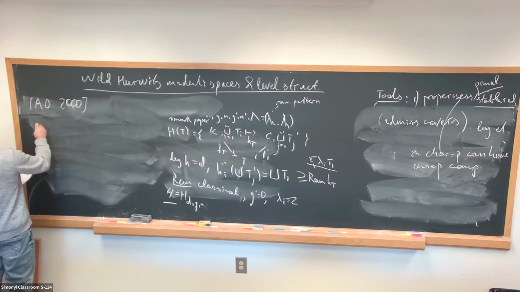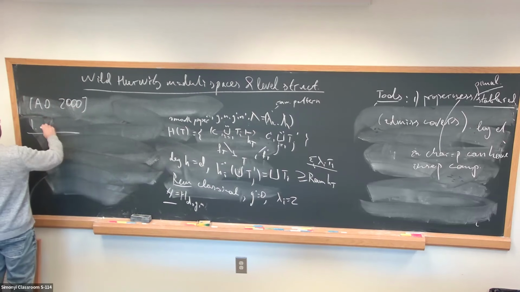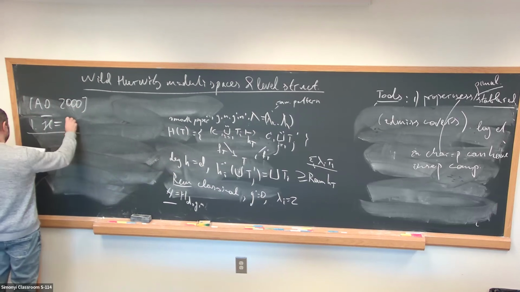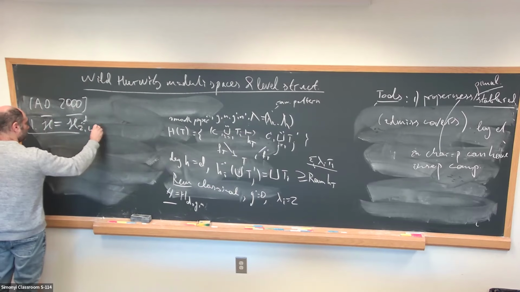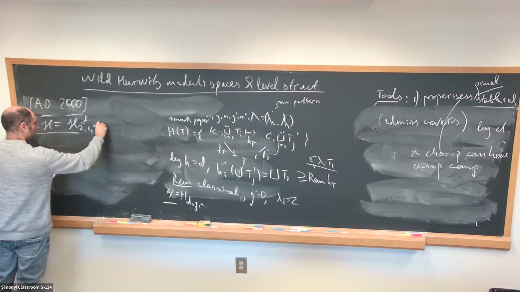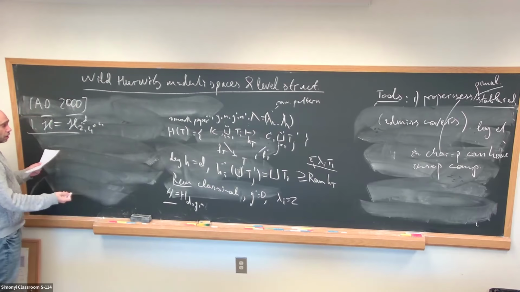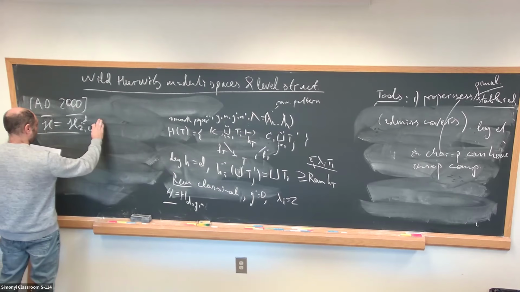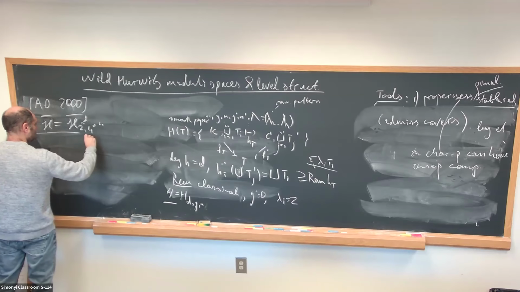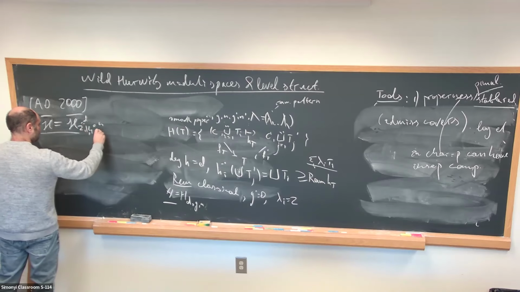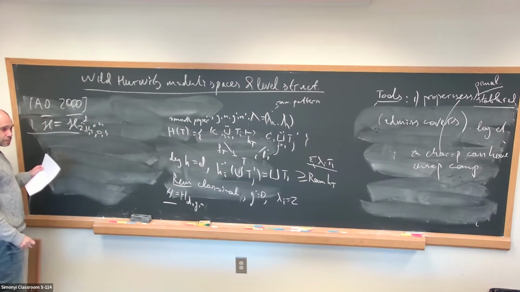The simplest wild case I'll denote H_{2,4}, where 2 is the degree and 4 is the number of points. And the genus is (1, 0).